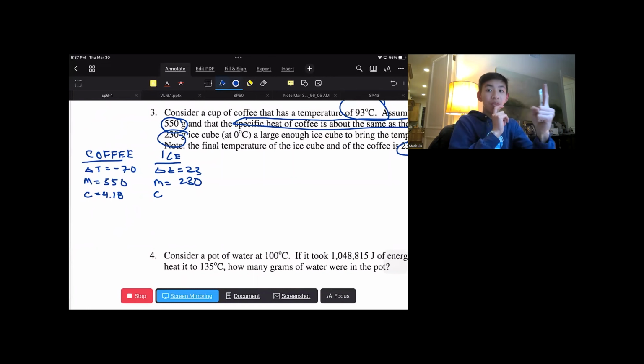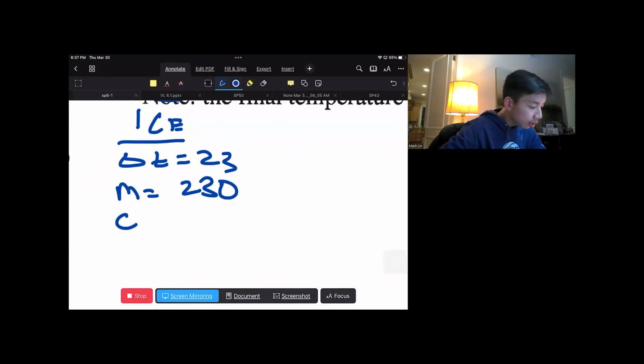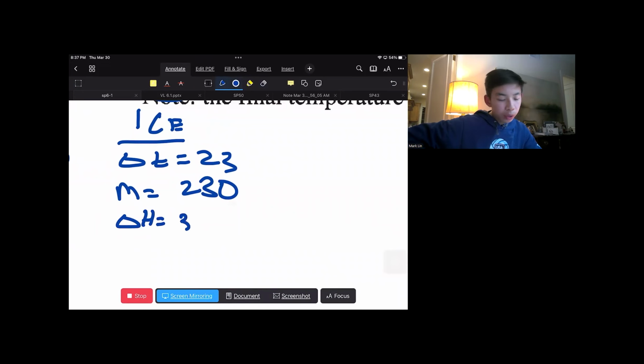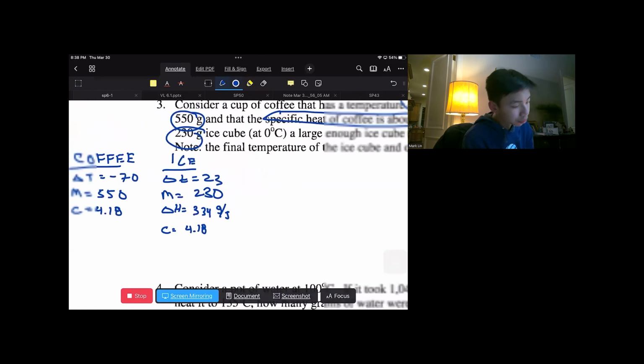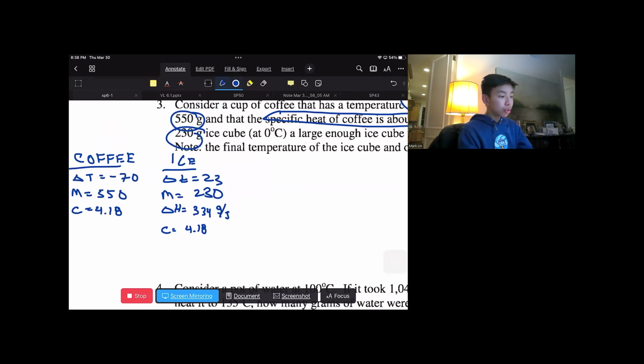So we have to go through one phase change, that's melting. The second one is bringing the 0 degrees to 23. The enthalpy, delta H, is going to be 334 joules per gram. And then the specific heat, because once you melt the ice, it's going to be water, and the specific heat of water is going to be 4.18. So we have our two things right here.